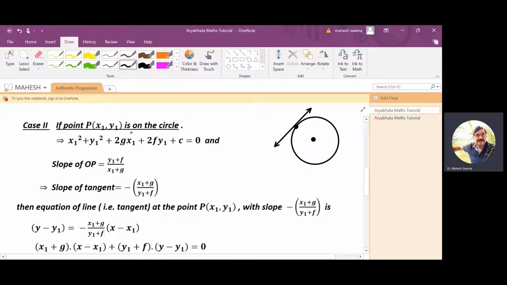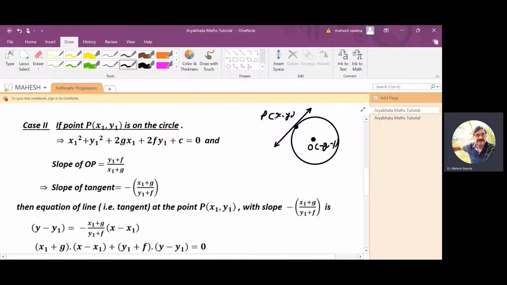Suppose this is point P(x1, y1), which is on the circle, and the center of the circle is O, whose coordinate will be (-g, -f).